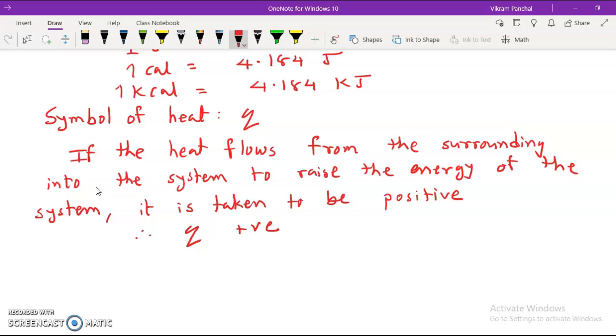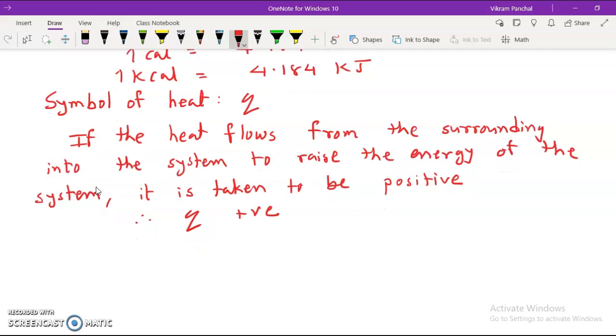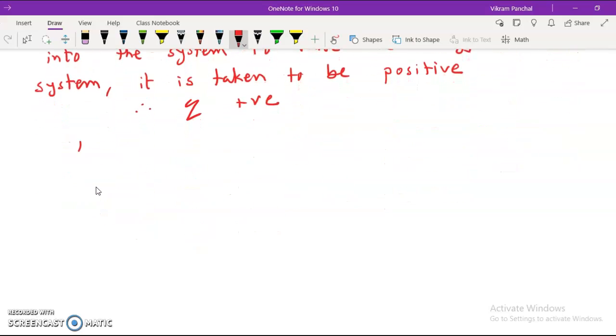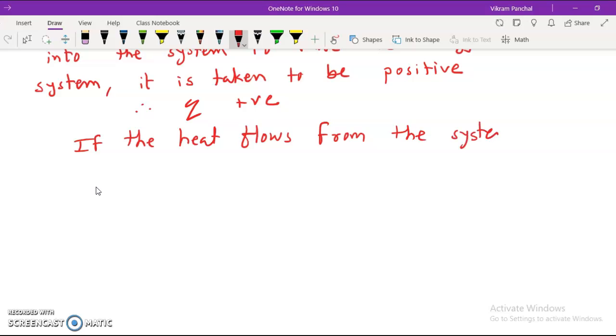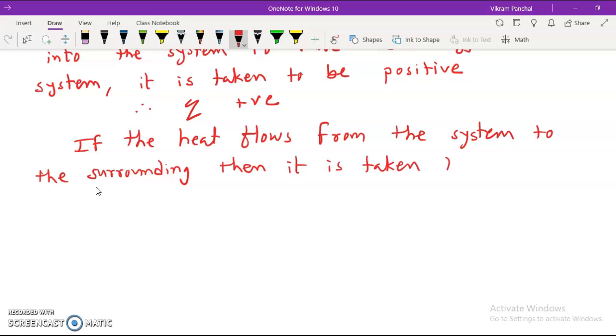Second case, if the heat flows from the system to the surrounding, then it is taken to be negative.